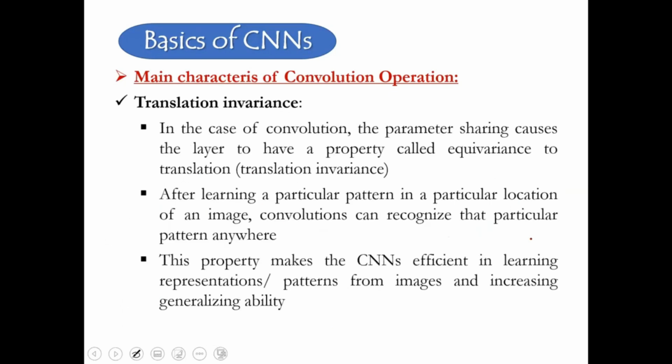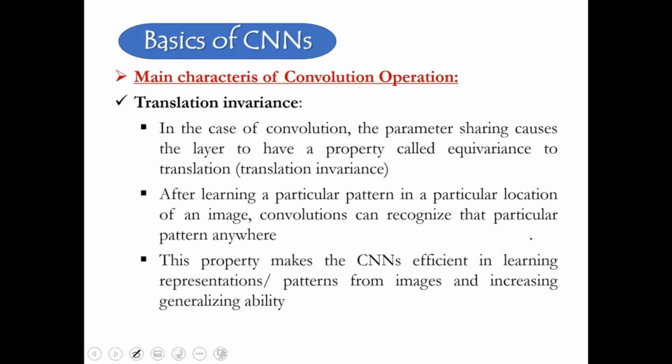Now, another thing is translation invariance, right, meaning that this parameter sharing is happening, so for a particular pattern a particular kernel is learned. That means a particular kernel is processing the whole image, every input pixel. So whenever it encounters its own feature or its own pattern, it will activate in the feature map, right?